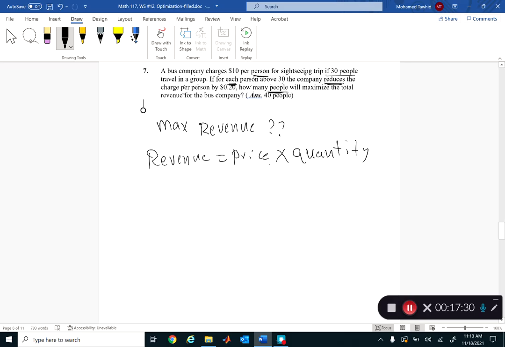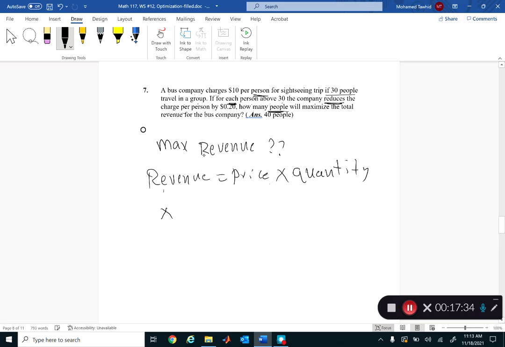So now I need to figure out what is my x. So x here, guys, when you look at the second part, for each person above 30, I need to figure out the number of people above 30, because for 30 and below it's known. So I'm just saying x here.